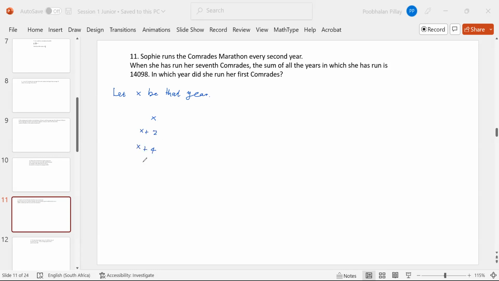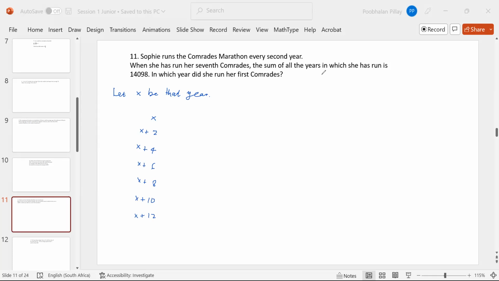The next one will be x plus 4, then x plus 6, x plus 8, x plus 10, x plus 12. She runs 7 Comrades altogether. 1, 2, 3, 4, 5, 6, 7.